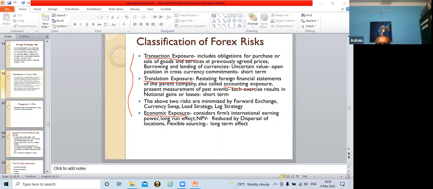So long run effect, NPV stands here. NPV means net present value. So net present value is to be calculated: today how much amount you are spending, that is involved as a cash outlay, and how much we will be receiving as inflow.